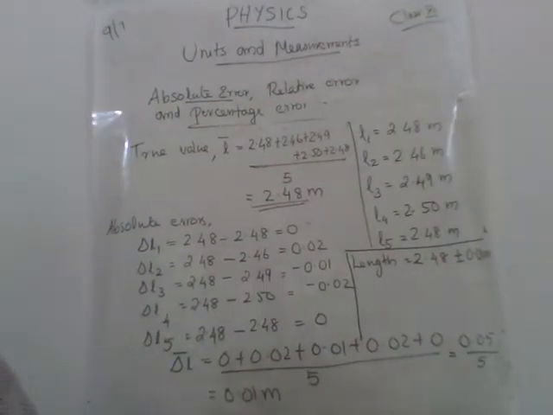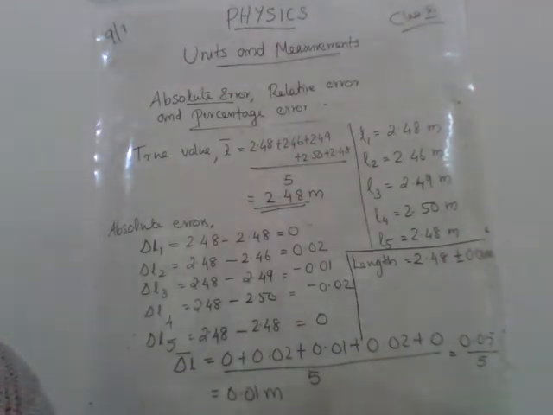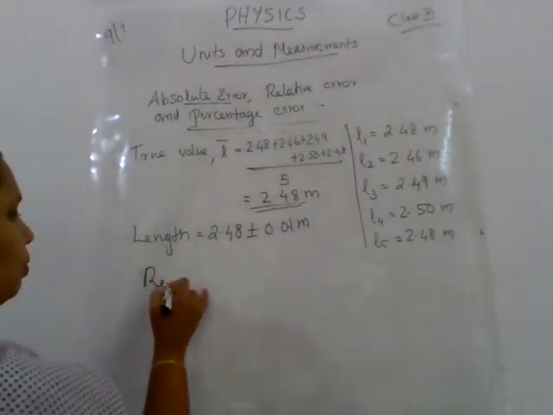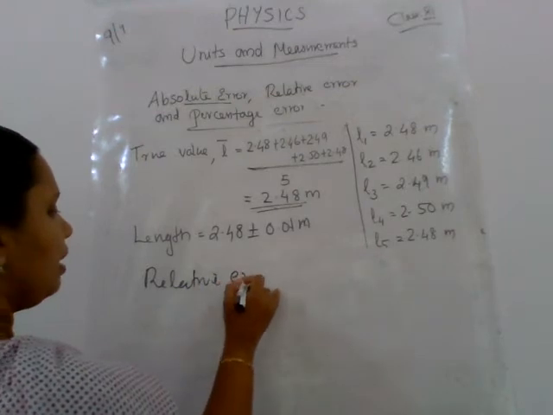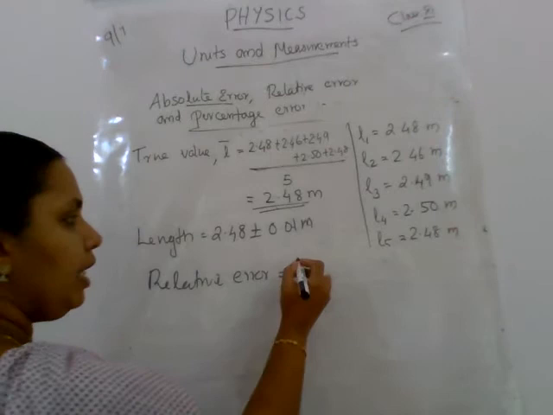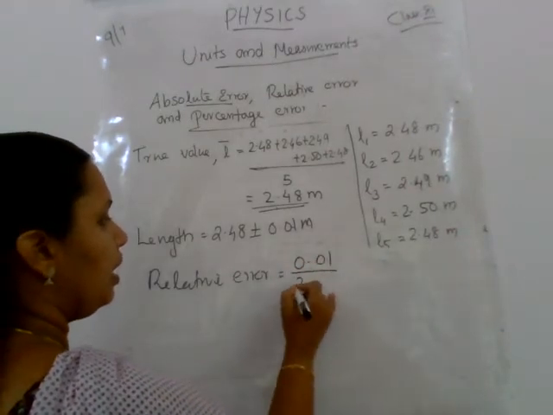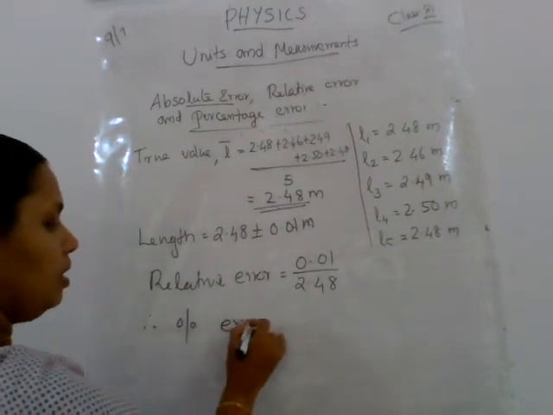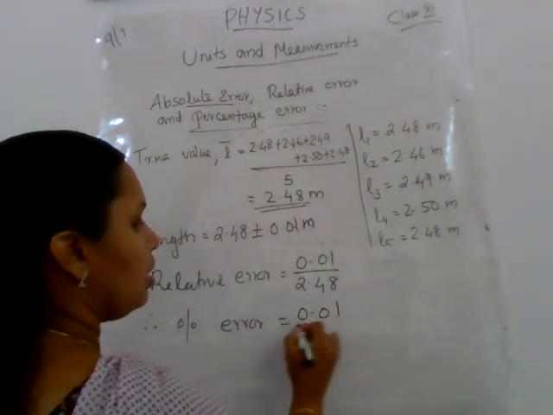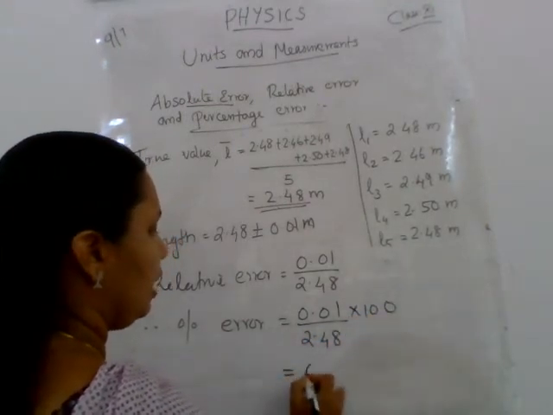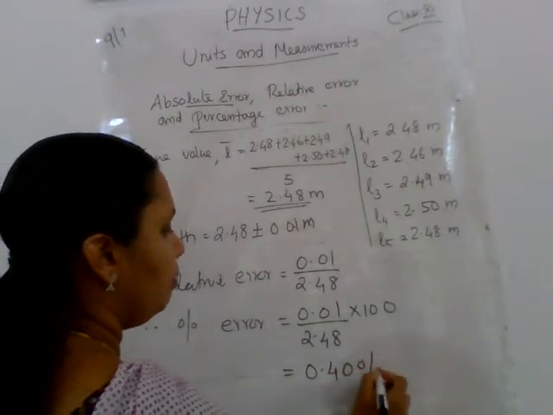Okay, next we have to find out the relative error and percentage error. Length is this. Then relative error is equal to mean absolute error divided by true value, 0.01 divided by 2.48. Therefore percentage error is equal to 0.01 divided by 2.48 into 100, which is equal to 0.40%.